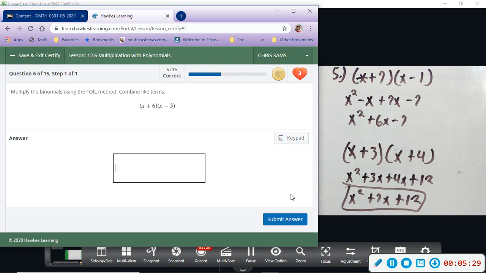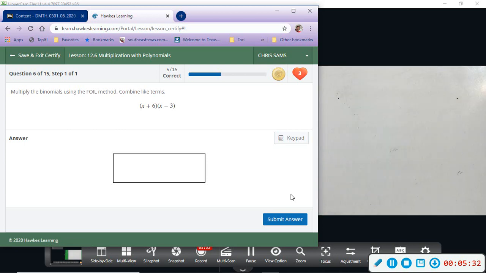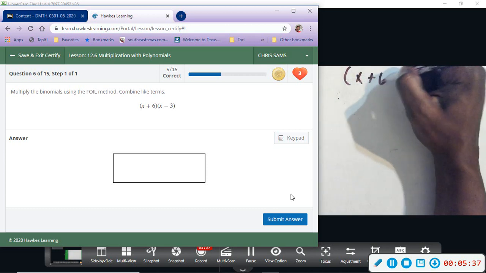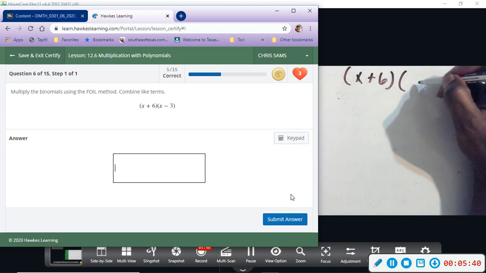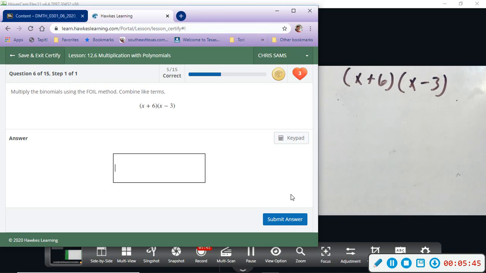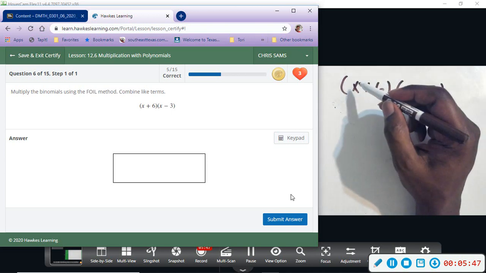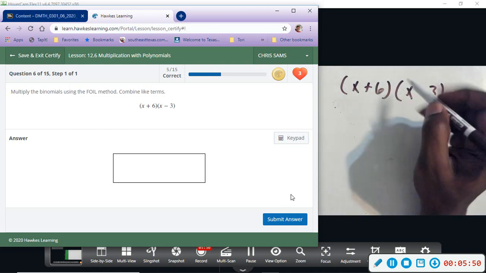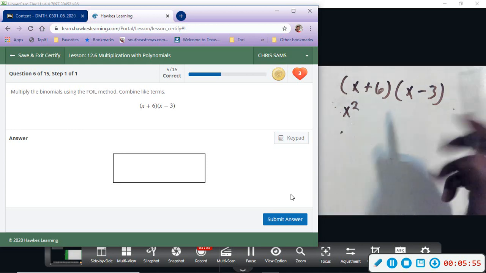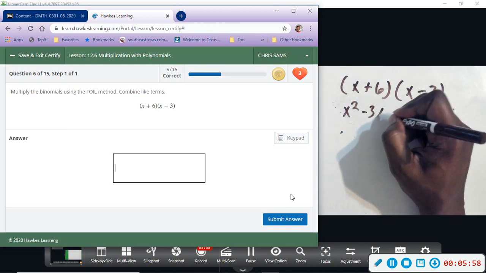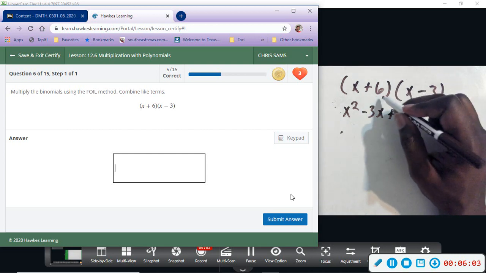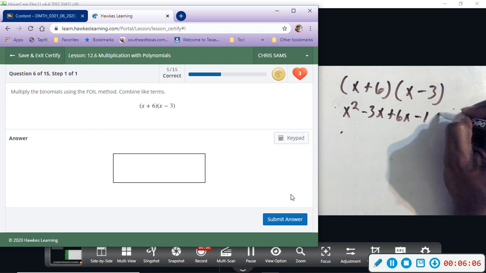Okay, and number 6. X plus 6, x minus 3. Okay, so we're going to multiply x times everything, so we'll get x squared minus 3x, and then we'll get a positive 6x, then 6 and 3 will give us a negative 18.